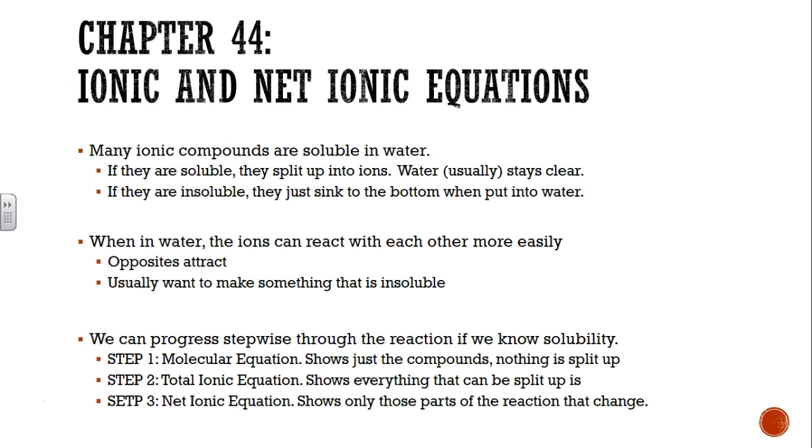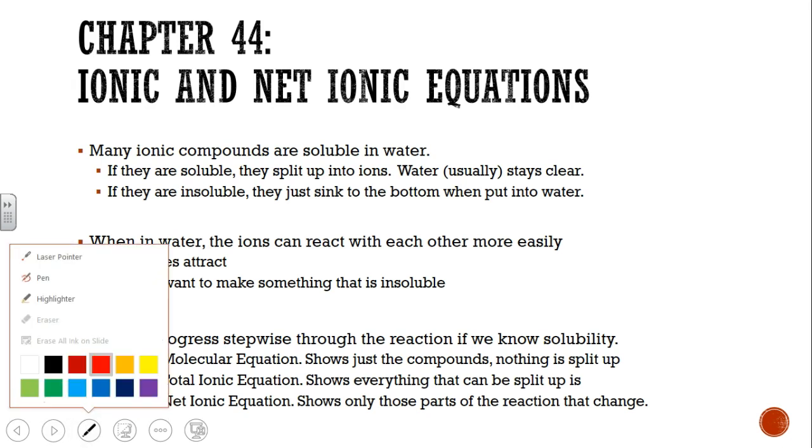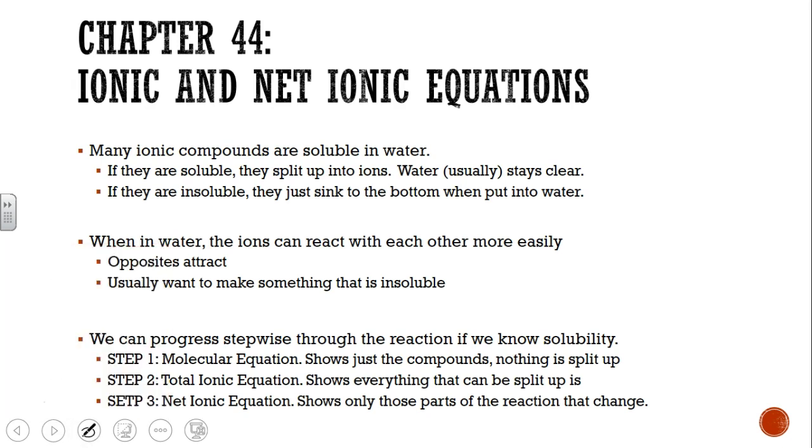I think it's important for us to talk a little bit about why these things are important. Net ionic equations, what they really do is they focus our attention. In one of our previous lectures, we talked about the solubility of ionic compounds. And when ionic compounds are soluble, they will split.